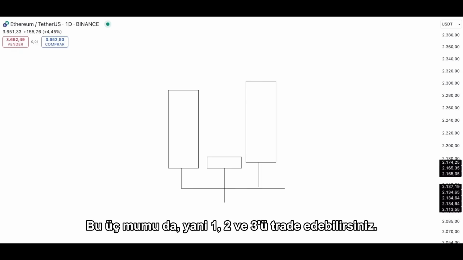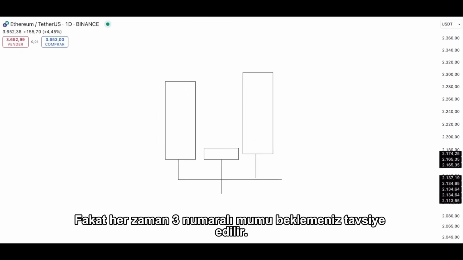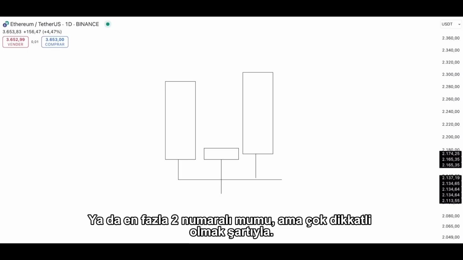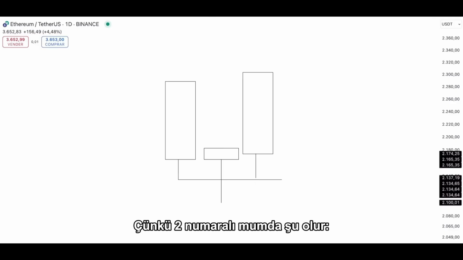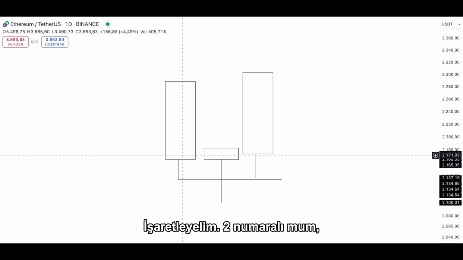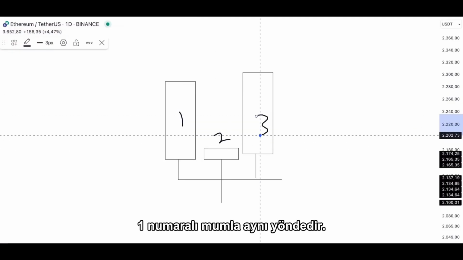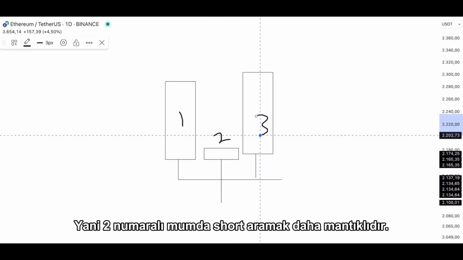So you can trade all the 3 candles, candle 1, 2, 3. However, it's advisable to always wait for candle number 3, or at most candle number 2, but with extreme precaution, right? Because what happens is candle number 2, and let's mark them, candle number 2 is the same direction as candle number 1. Right, so it's better.